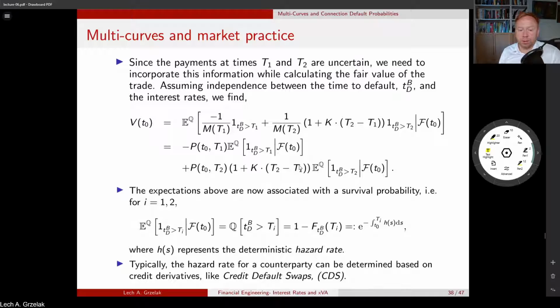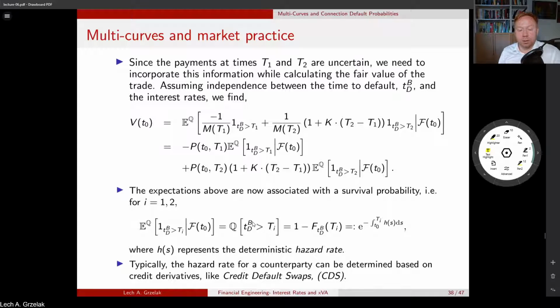Again, a payoff discounted using the discount factor, and then the probability that the default will be after time t2. We know the property that the expectation of an indicator is the same as the probability that the default will happen after time ti.